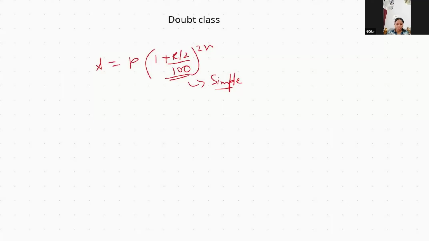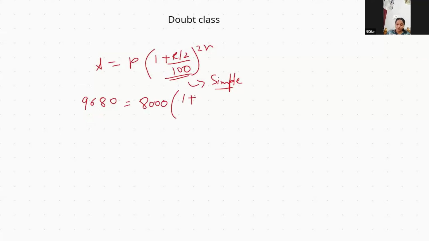And second doubt was why I did this, like this was the question, 9680 by 8,000. 8,000 was here first because it was the principal. Ma'am, is the answer to this question 20%? Yes, Anaya. 20% is the answer.